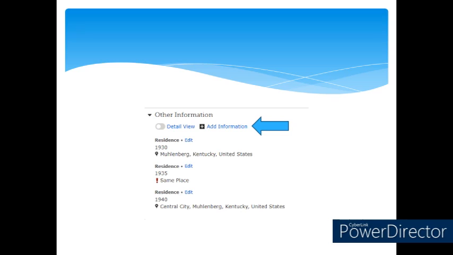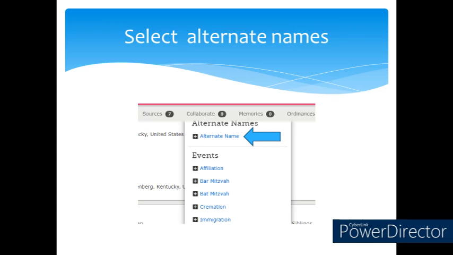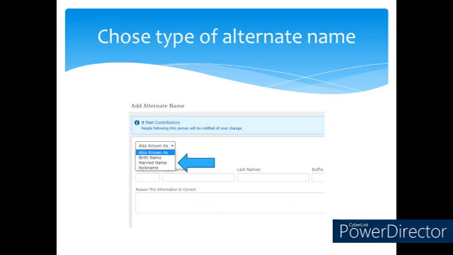The process to add new alternate names is to click on Add Information, then under the Additional Information section, click on the down arrow on the side of the words alternate name. From there, select also known as, varied name, or nickname to describe what the additional name is.